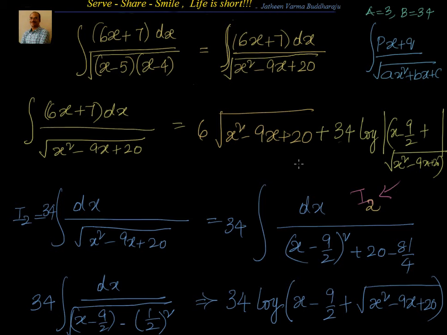So we have to use the formula that whenever we have px plus q by root of ax square plus bx plus c, we will write it as capital A into d by dx of ax square plus bx plus c divided by root of ax square plus bx plus c, plus capital B, that's another constant, into dx by root of ax square plus bx plus c. Basically, whatever the numerator is, we are trying to convert it into some multiple of the derivative of the function plus another constant, so that I can convert them into one of the standard forms.